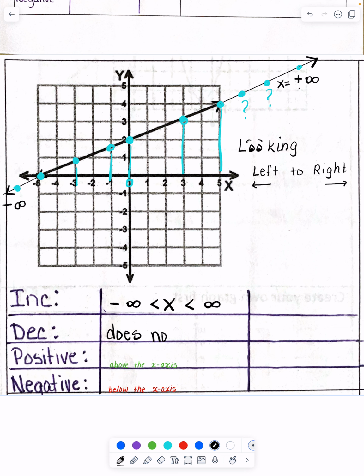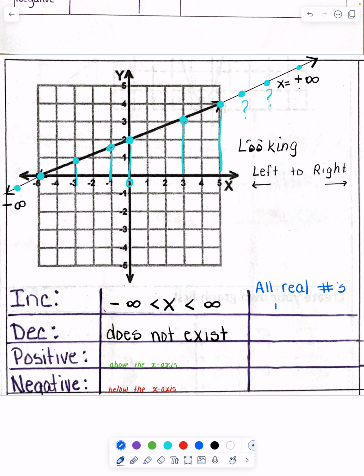You can just put doesn't decrease. Talking and writing is my talent. Okay, so does not exist. Now another way that we could write that it's increasing, we could also just do this. We could say it was increasing all the way from -infinity to +infinity. So we could say all real numbers.